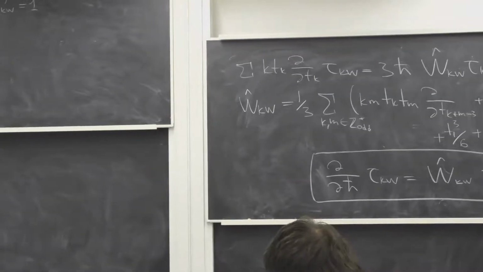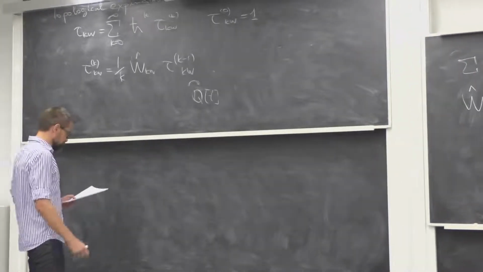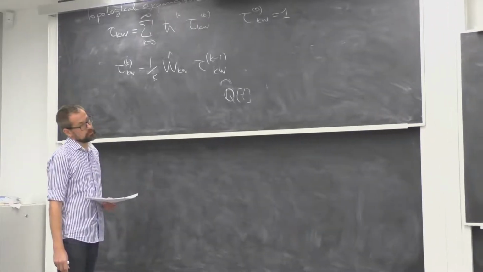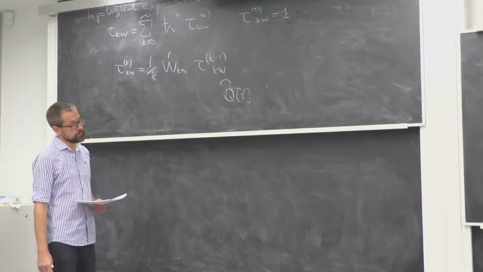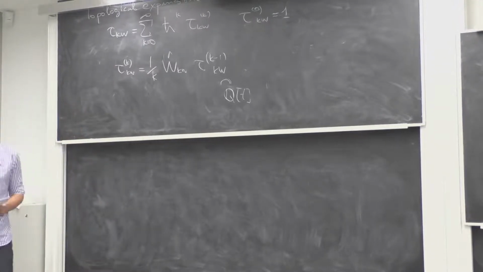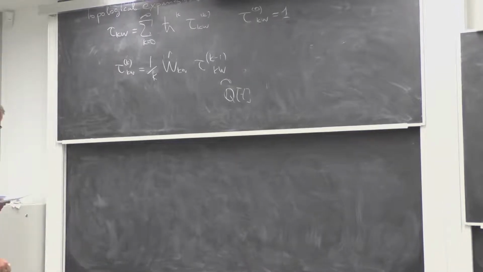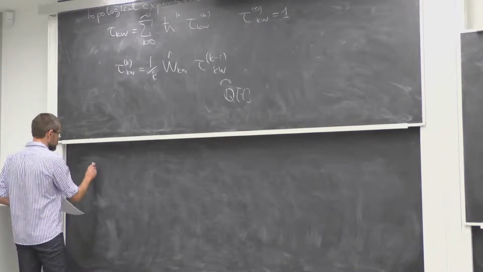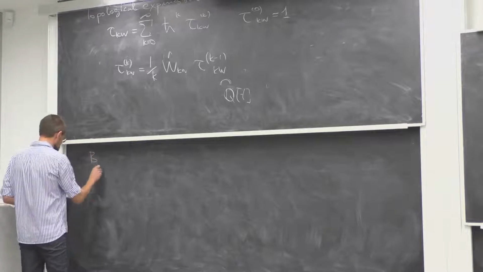Okay, so let me show you some other examples where we have a similar description, and at the end I will try to give you a general statement about such properties. My next example is the so-called Brézin-Gross-Witten tau function.